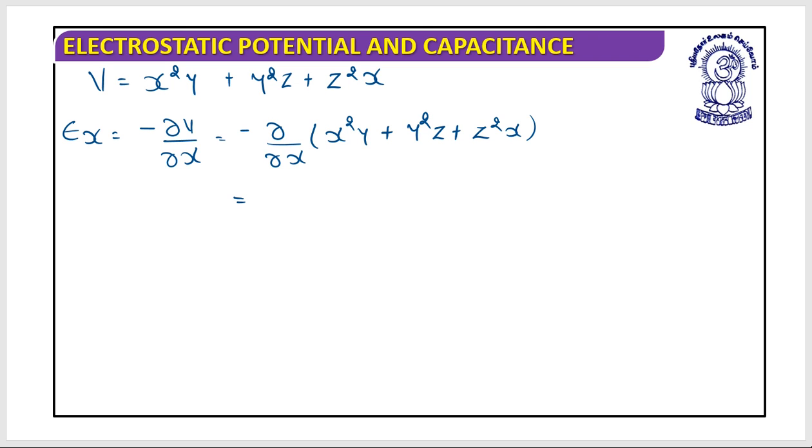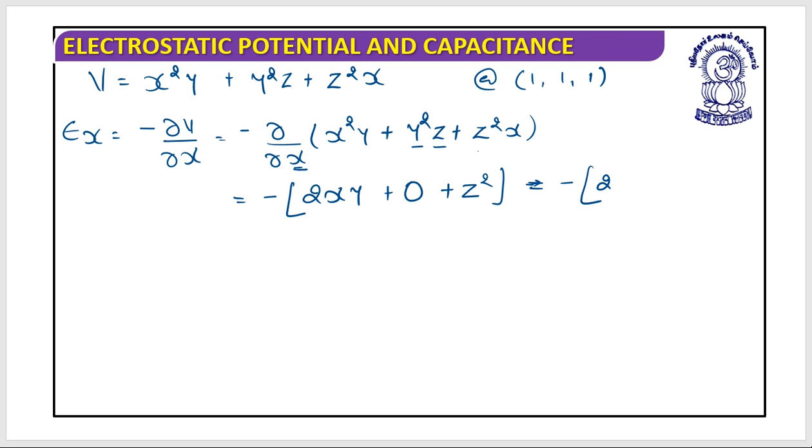So that equals minus of, del by del x of x square y is 2xy, plus, I'm differentiating with respect to x, so y and z are constants, put it as 0, plus del by del x of z square x, it is z square. I require this at 1 comma 1 comma 1. So let's put up the values: minus of 2 into 1 into 1, it's 1, plus 0 plus 1. So this equals minus of 3. This is Ex, minus of 3.